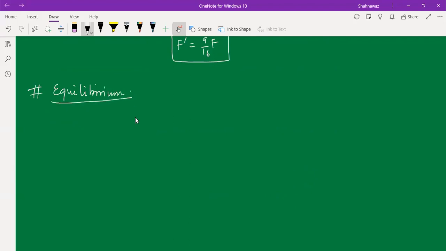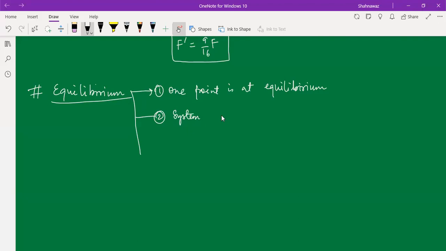One is that one point is at equilibrium, and the other kind is that the system is in equilibrium, right? So what do I mean by these two?